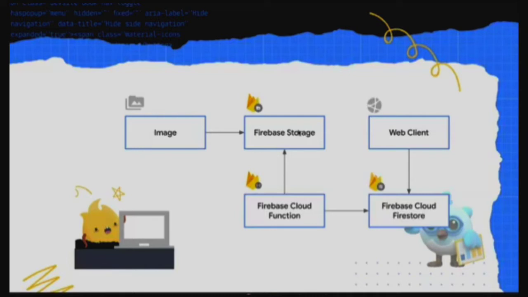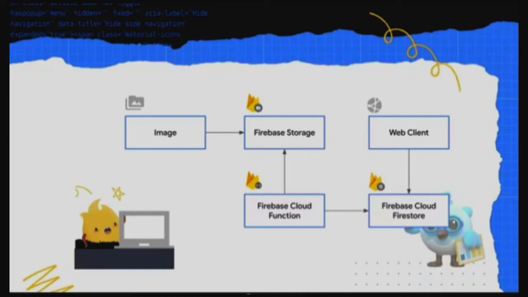With that architecture, we can use Firebase Storage for storing the images. And then you can use Firebase Cloud Functions, which is a Firebase feature so that you can run your code on the cloud, so that you can detect if there is any uploaded image into the Firebase Storage. And if it does, you can save those URLs in the Firestore and the web client can access that.